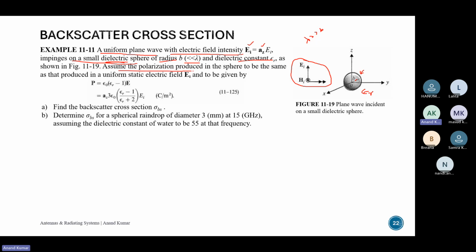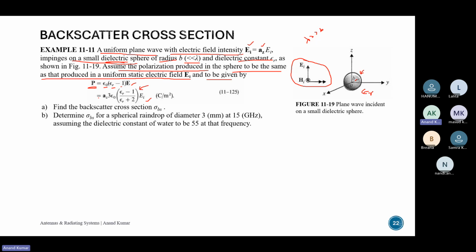So assume the polarization produced in this sphere to be the same as that produced in a uniform static electric field, and to be given by this polarization density: P equals epsilon naught epsilon r minus 1 times E, and then this is again given by this expression, 3 epsilon naught (epsilon r minus 1) by (epsilon r plus 2) EI.